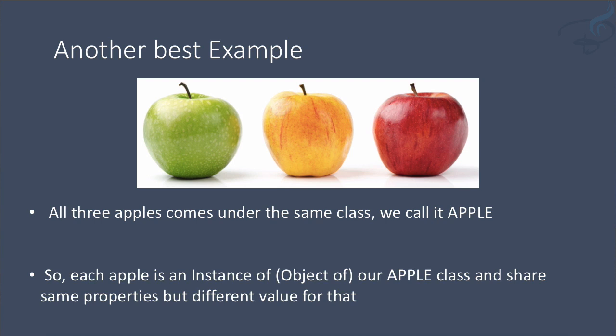You can see all these 3 are apples. All 3 have the property of color but with different values: green apple, yellow apple, red apple. All 3 have the property of weight, but maybe each one has a different value for the weight. So in that way, we have objects which have the same properties but with different values.